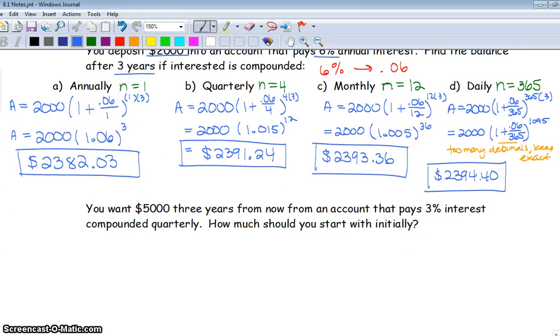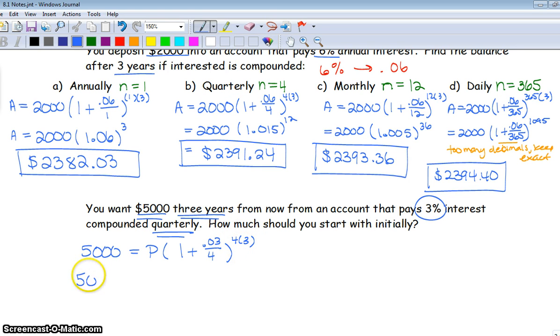Alright, our last problem. You want $5,000 3 years from now in an account that pays 3% interest compounded quarterly. How much should you start with initially? So I want $5,000. I don't know how much I'm investing. I've got 3%, which is 0.03 as a decimal. I'm doing that quarterly for 3 years.